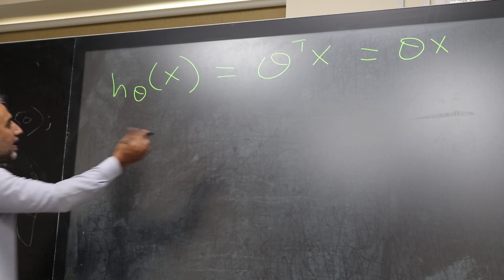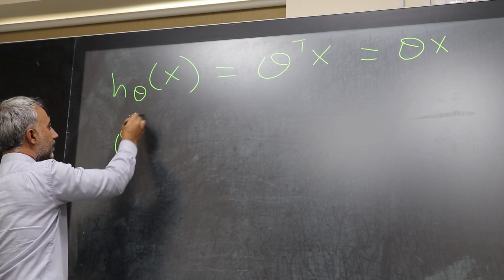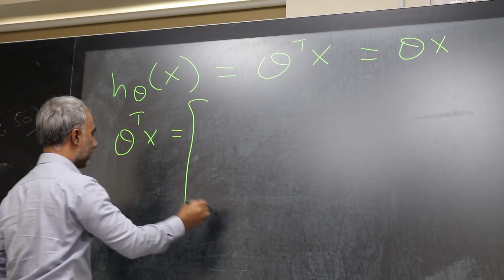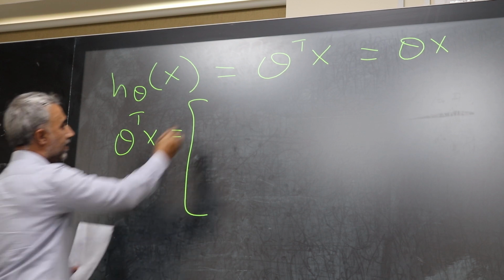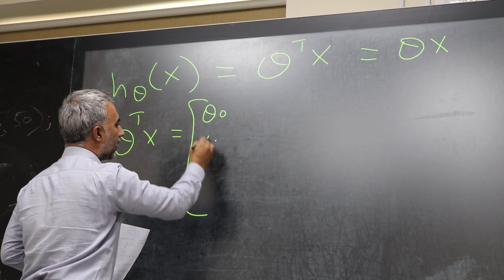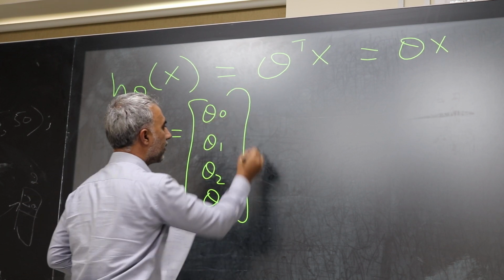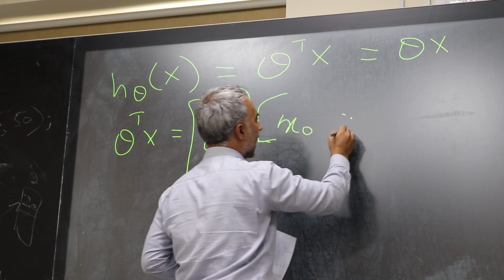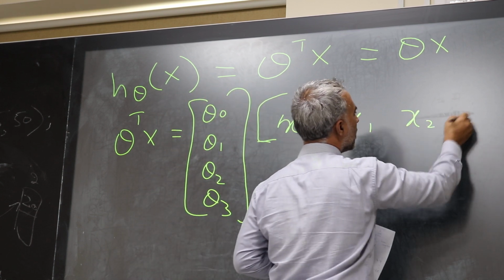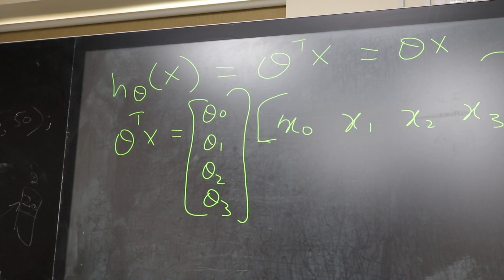Here, this can be expressed as theta naught, theta 1, theta 2, theta 3, and x naught, x1, x2, x3, which fulfills the multiplication, the dot product of two matrices or two vectors.